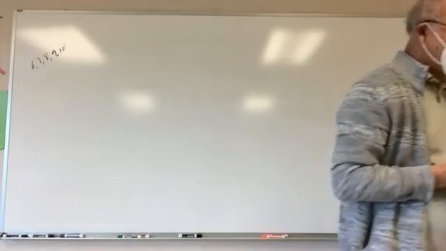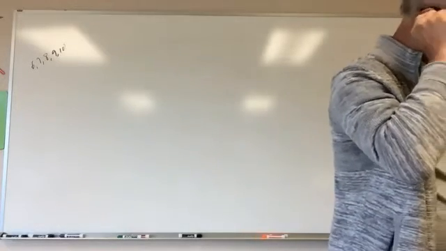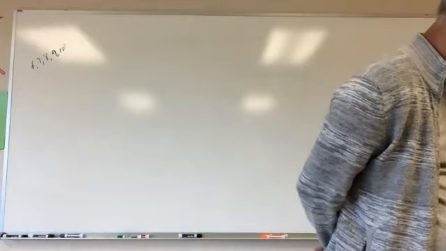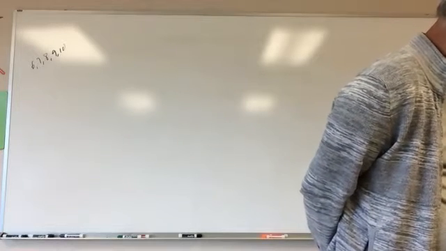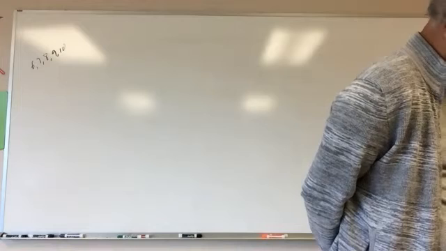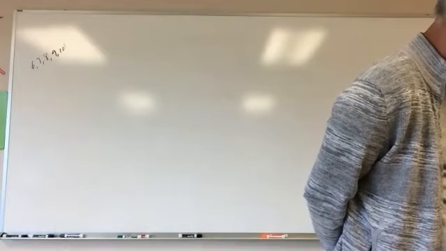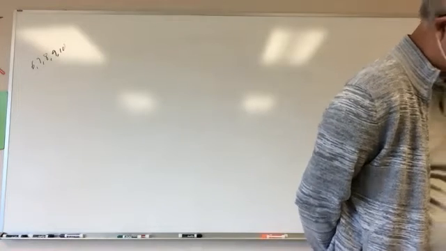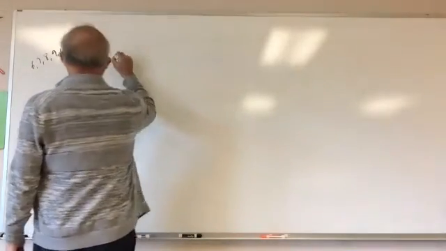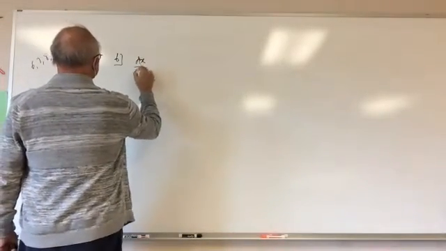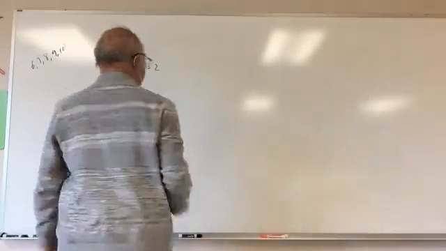Okay, number 6. A particle moves on the parabola in such a way that when x equals 6, the abscissa, the x coordinate, is increasing at a rate of 2 feet. So what does that mean? dx dt is equal to 2, correct?